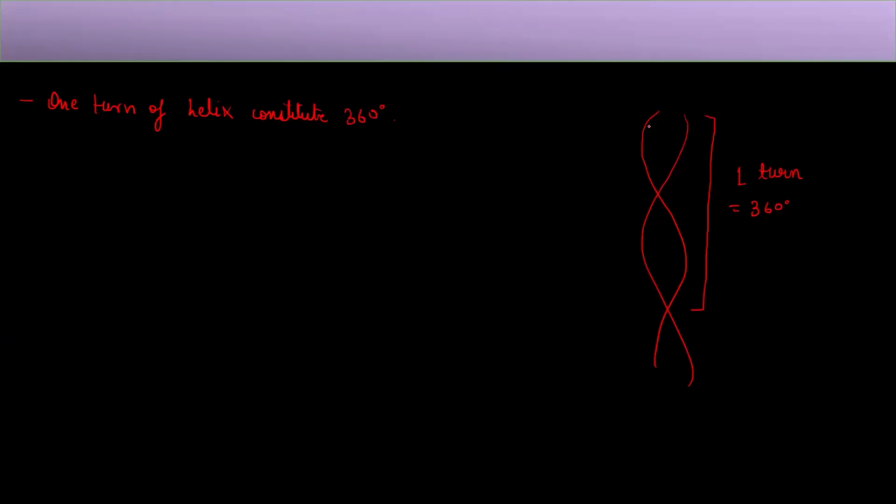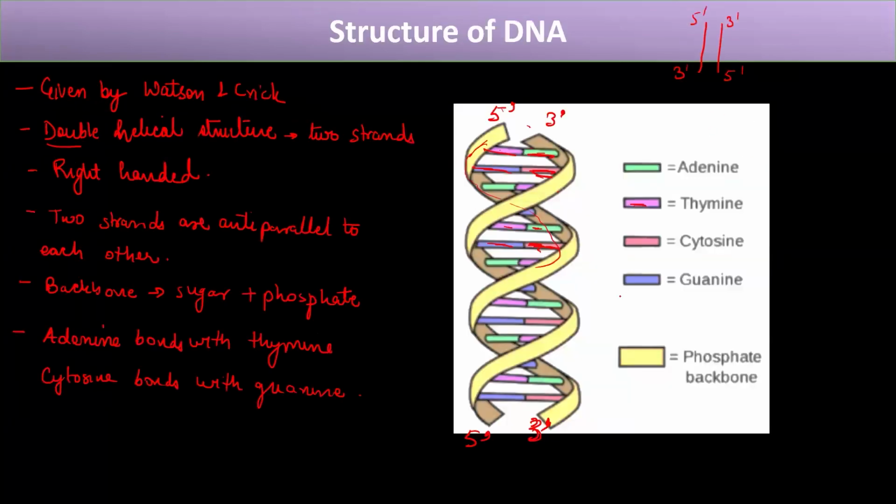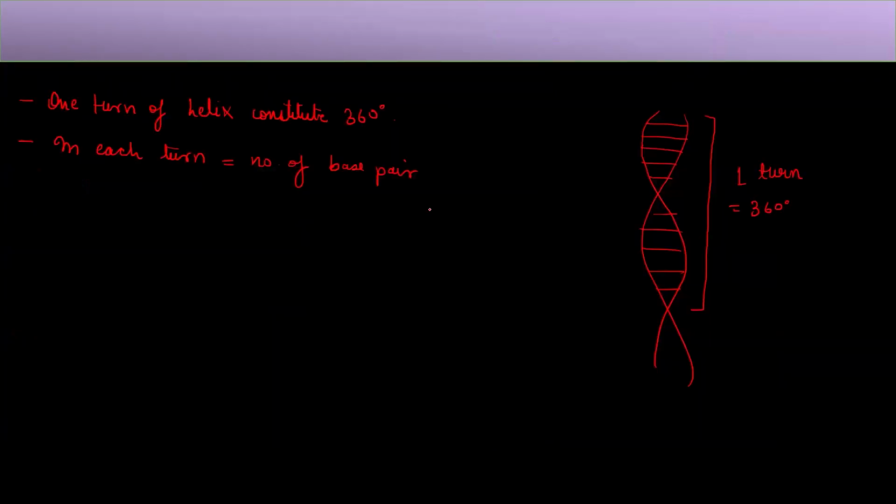Now, in one turn, the number of base pairs, the bases I mentioned, adenine, guanine, thymine, will be 10. 1, 2, 3, 4, 5, 6, 7, 8, 9, 10. So in each turn, the number of base pairs equals 10. By base pair, I mean this thing. This is one base pair, this is 2, this is 3, because each consists of 2 bases.